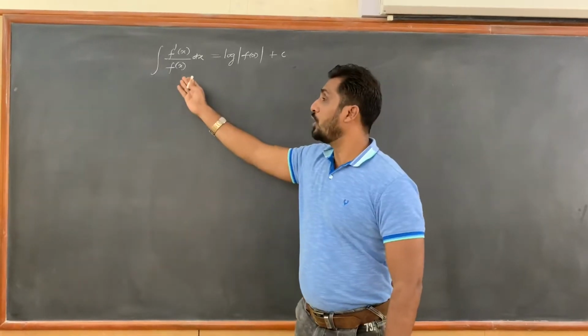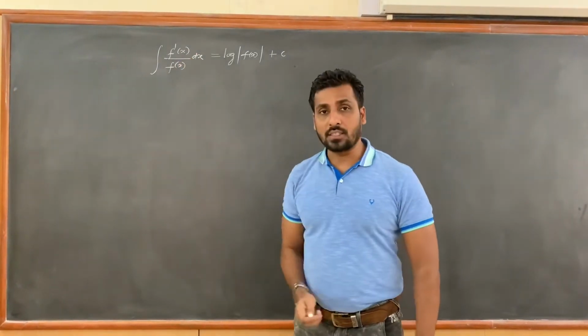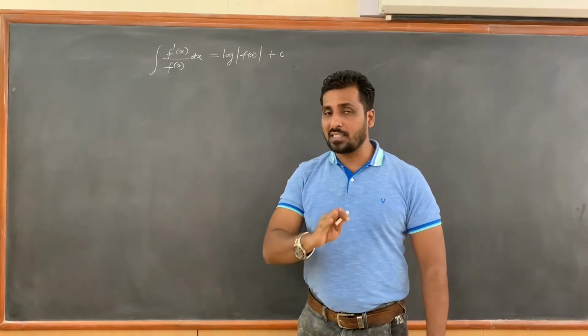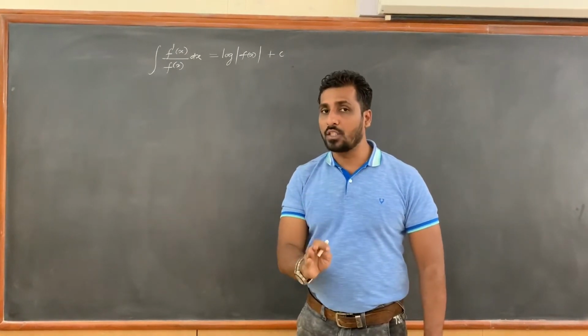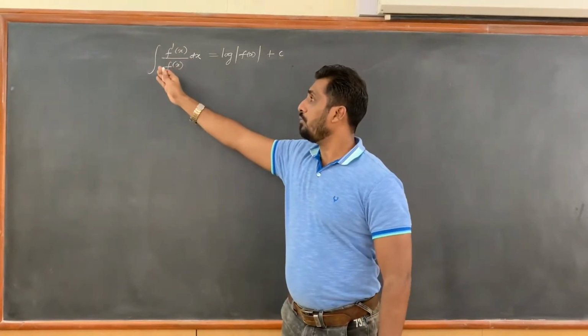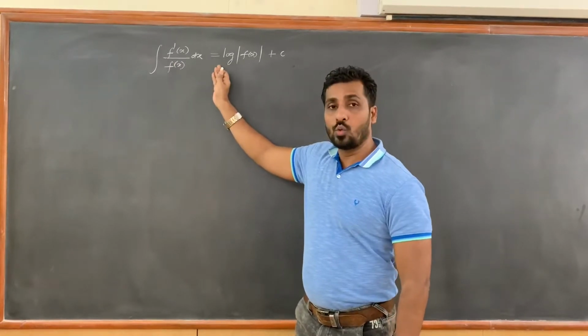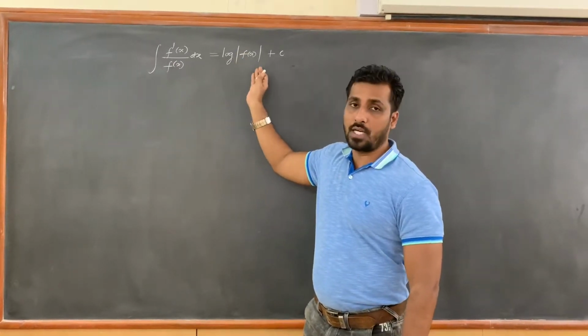So if you observe in the corollary, the numerator f1 of x is the derivative of the function f of x. So the corollary statement is like this. Integration of f1 of x upon f of x dx is equal to log of f of x plus c.